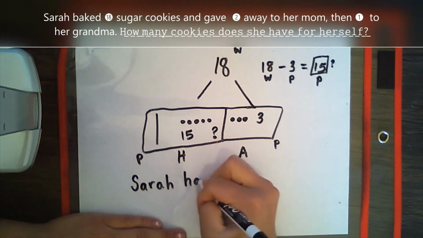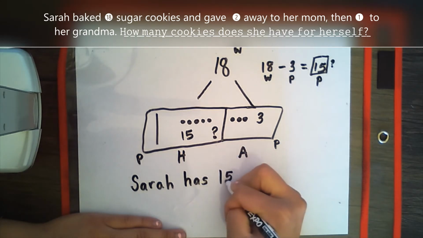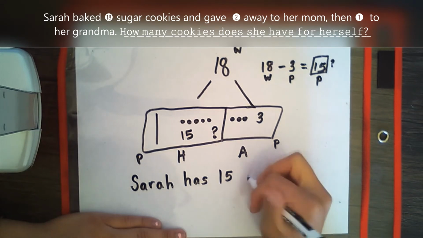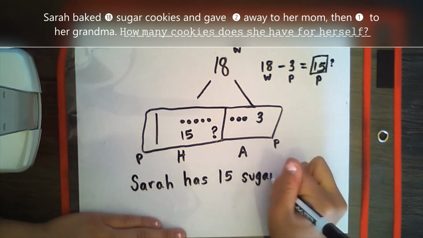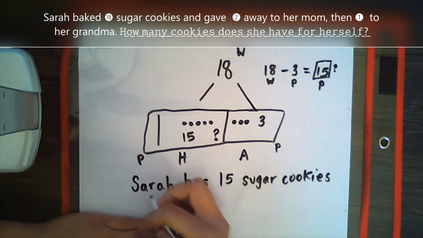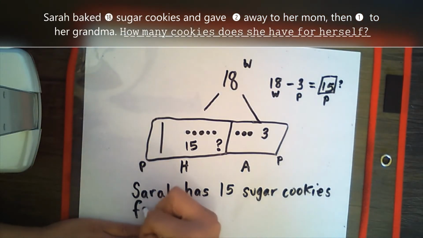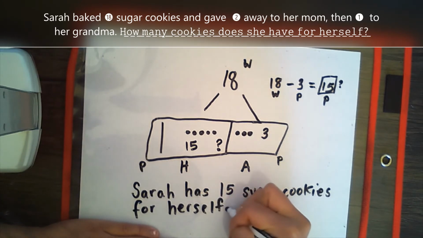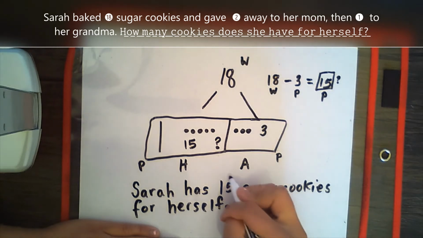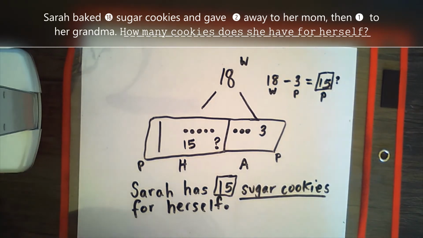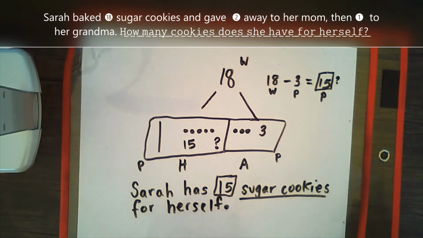Sarah has 15 sugar cookies for herself. Okay, and we're going to box in 15 as our solution and then underline sugar cookies because that's our unit. It's the thing or item that we're counting.